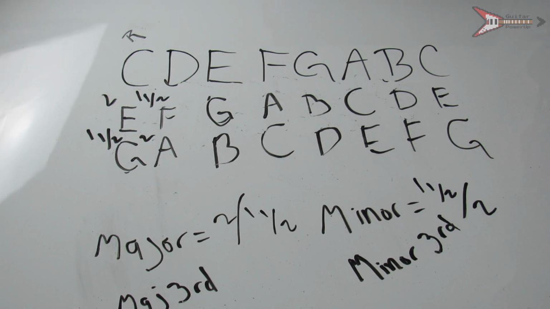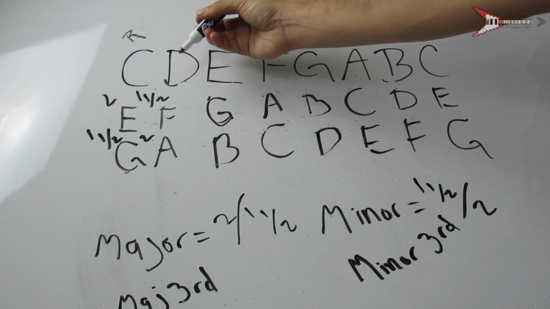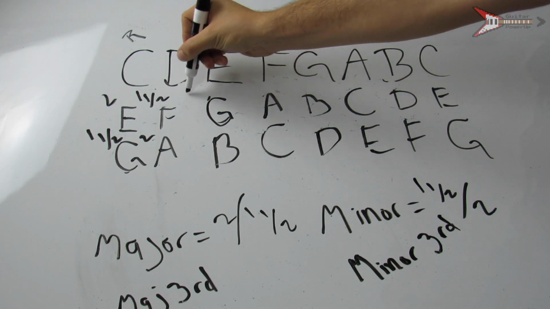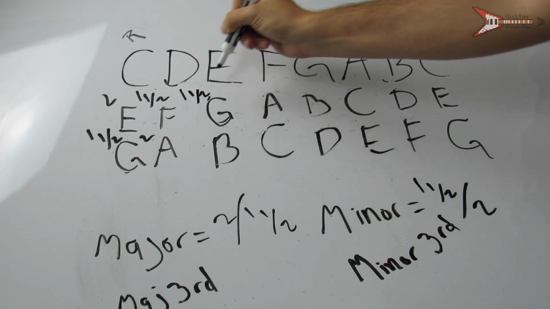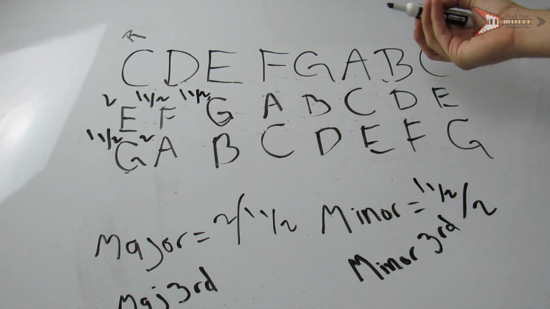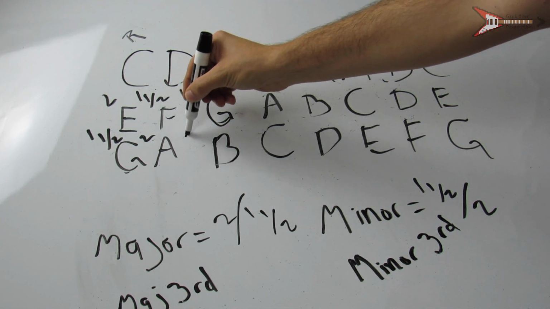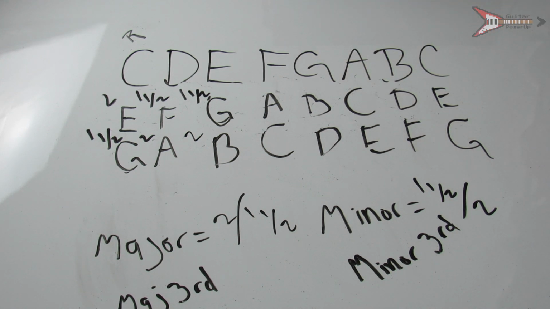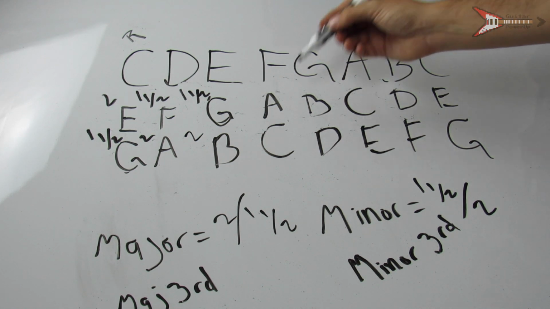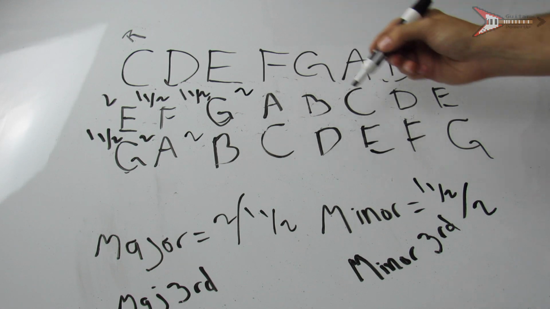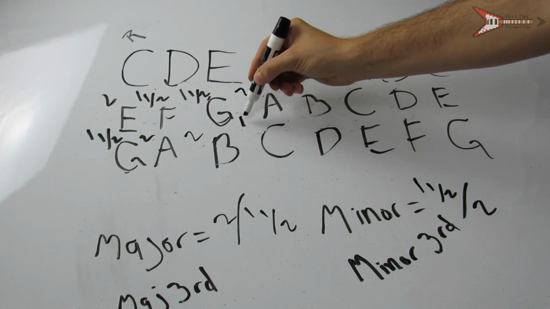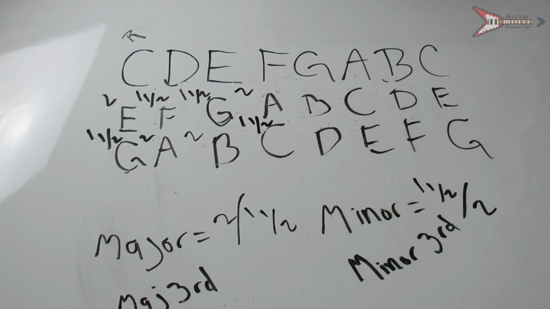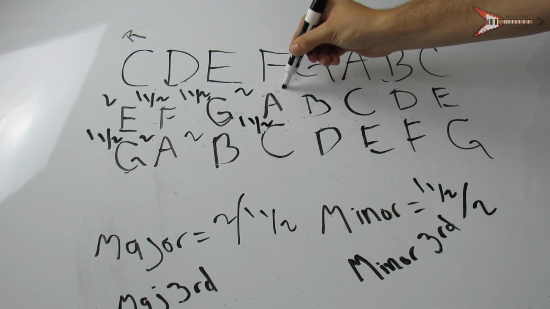So let's keep going with this. E to G is 1.5. G to B is 2 whole steps. So that's a minor chord. F to A is 2 whole steps. A to C is 1.5. So that's a major chord. G to B is 2 whole steps.